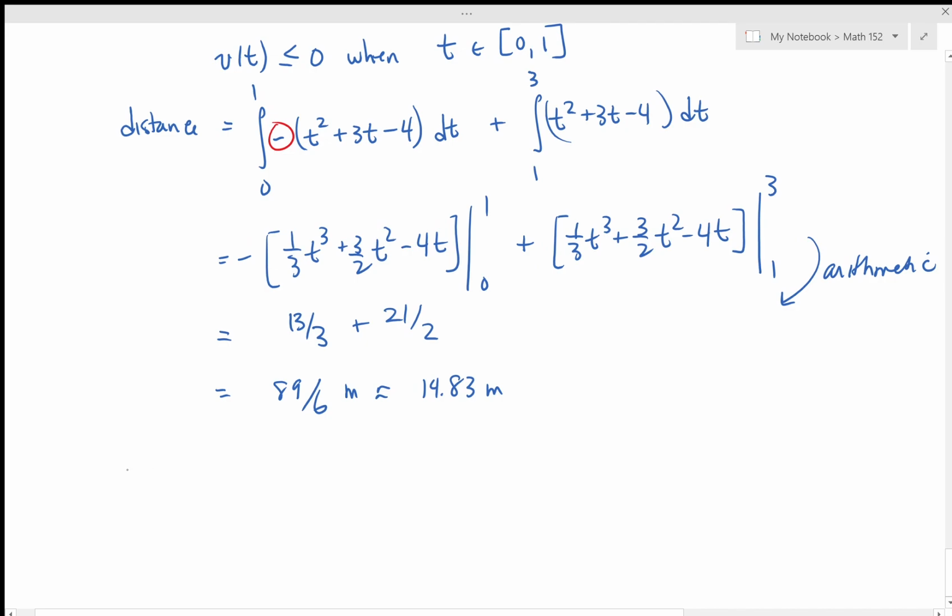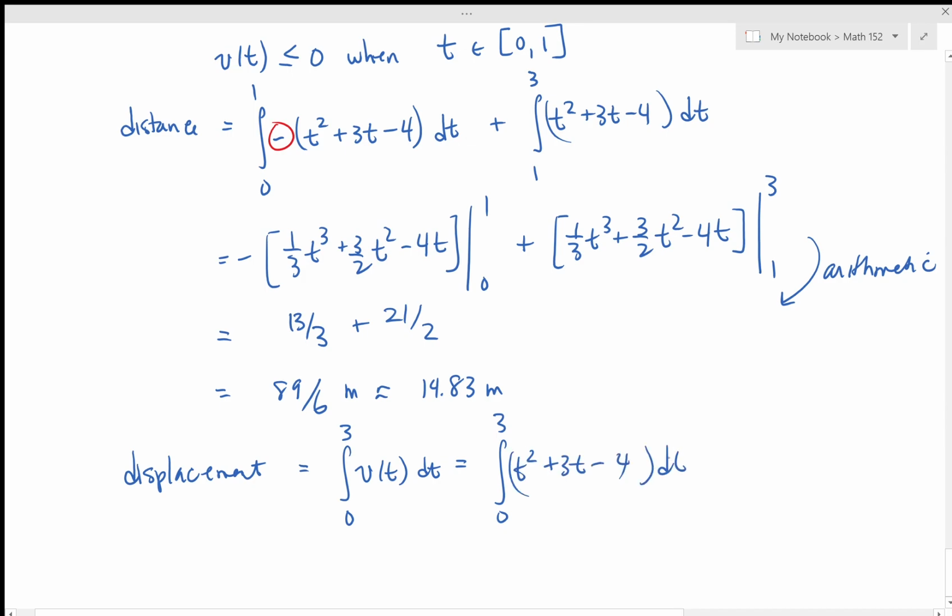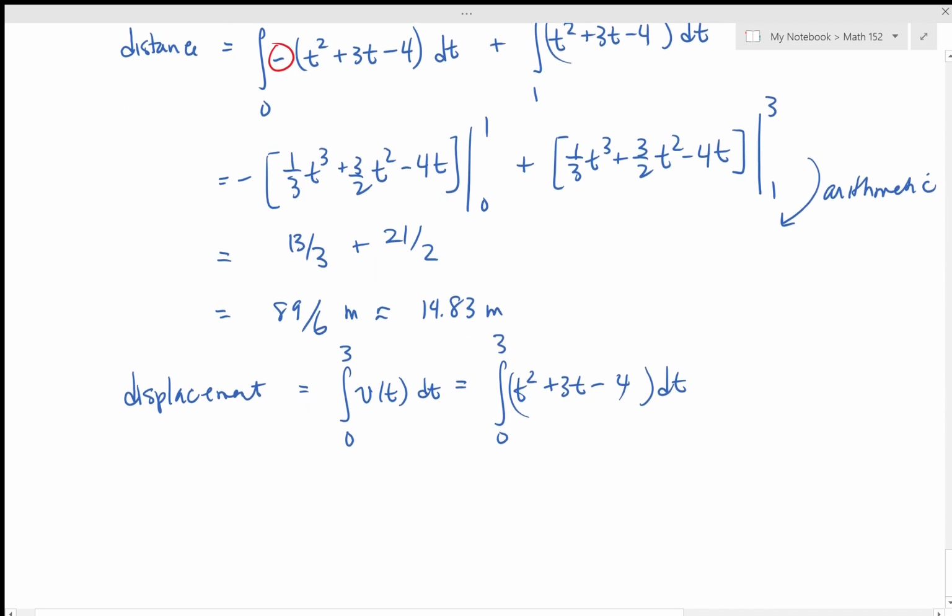By contrast, let us take a look at the displacement. The displacement is simply the integral from 0 to 3 of the velocity, and that's the net change in distance. Notice there are no absolute value signs here, and we have to integrate the same function and evaluate it at 0 and 3.